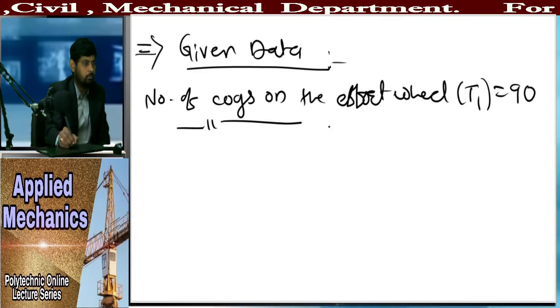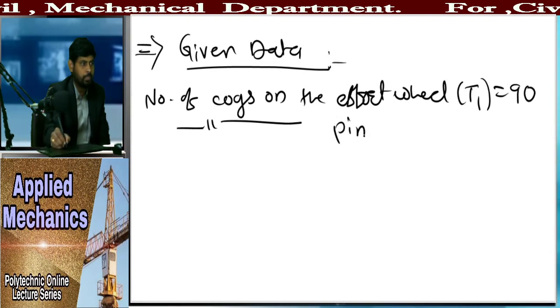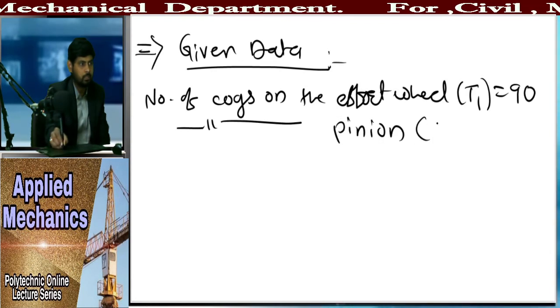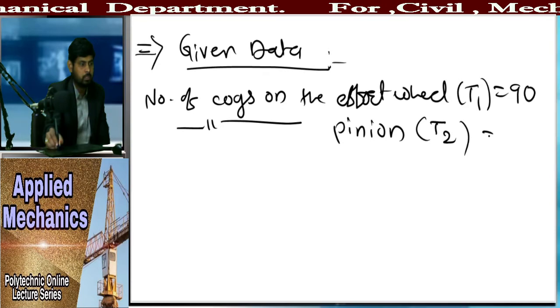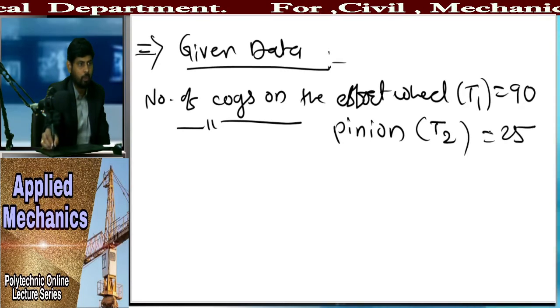Then the number of cogs on the pinion, T2, is equal to 25.